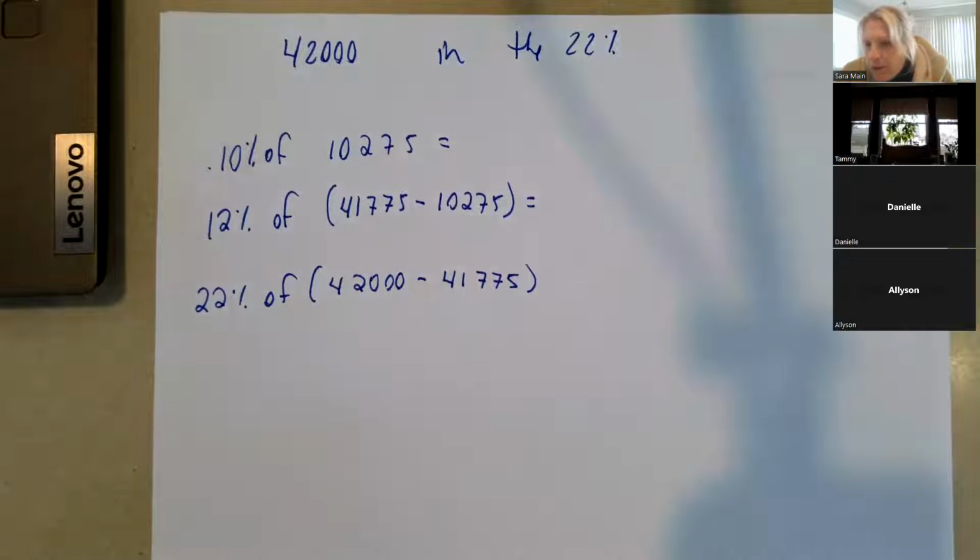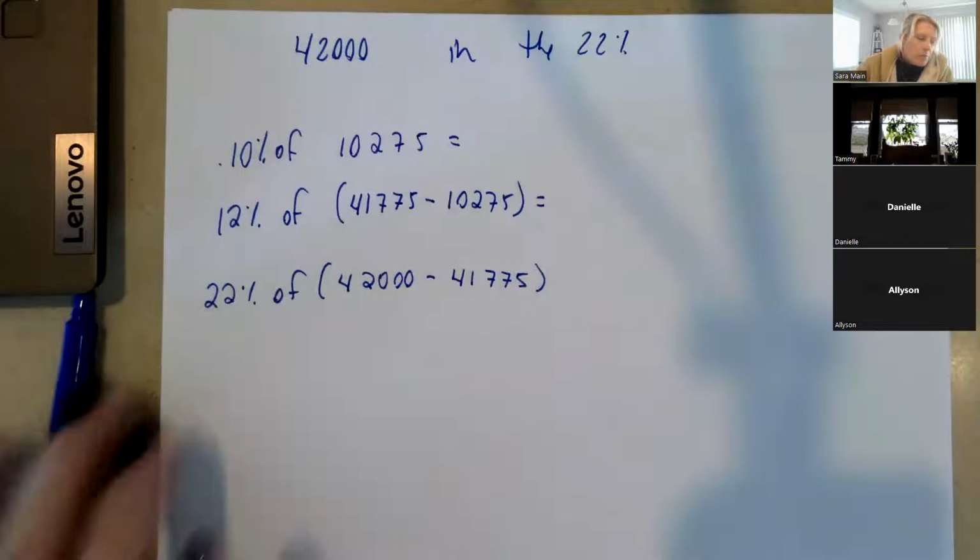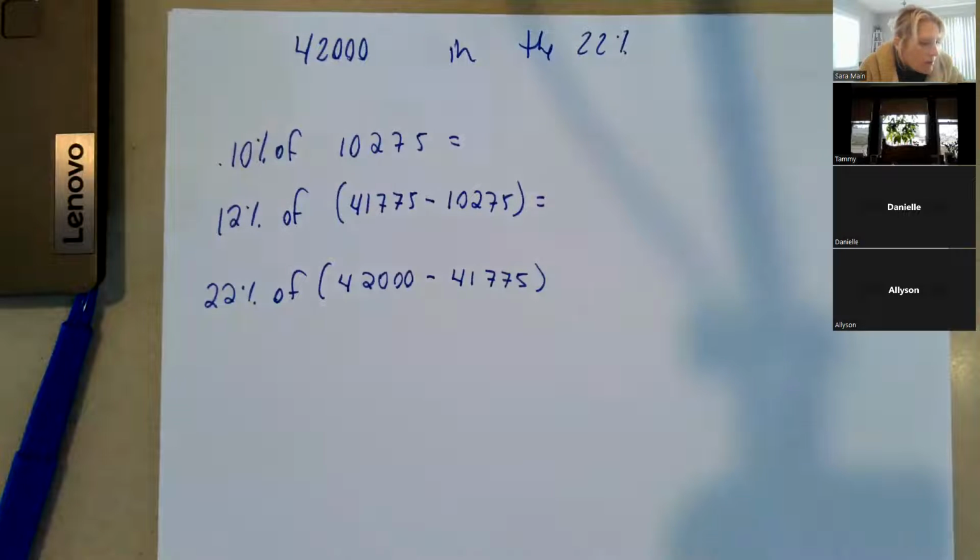When everybody gives me the thumbs up, I will figure out those values.